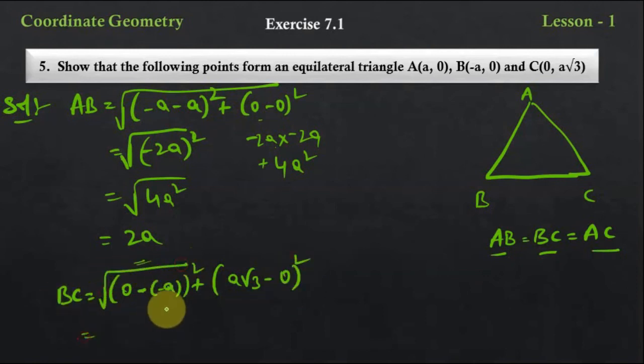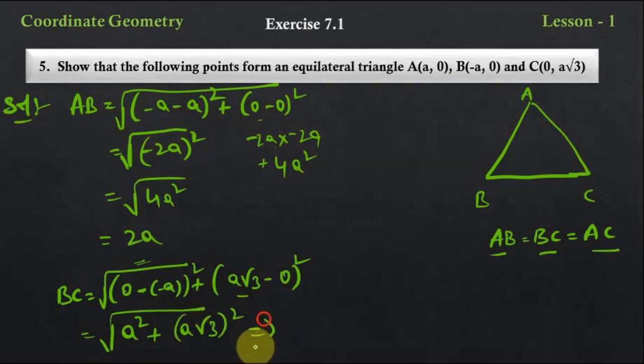Okay, so now if you observe 0, this minus into minus will become a square. Here a root 3 minus 0 is the same a root 3 only, a root 3 whole square, under root. So now if you simplify this, this will be a square only.